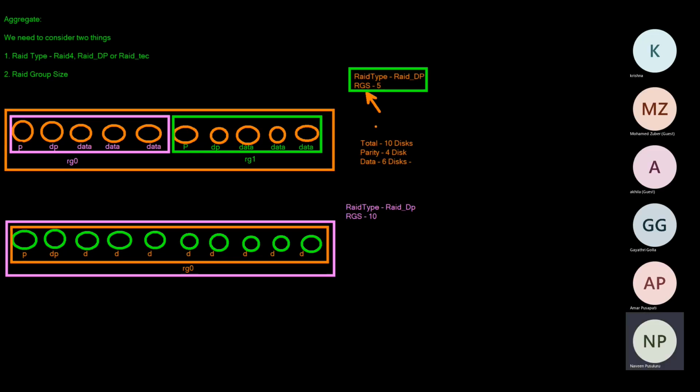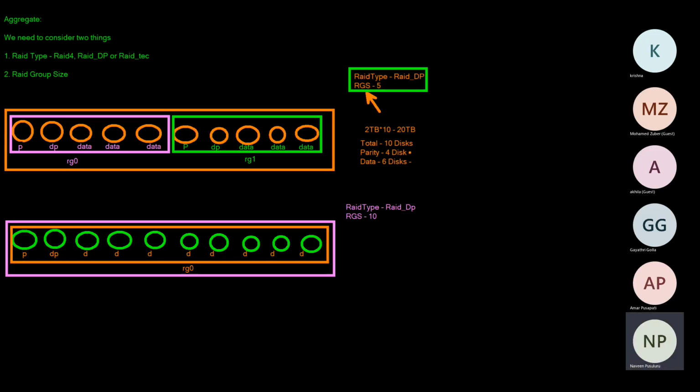So here let's assume that all these are 2 TB drives, and with 10 disks in total I should get 20 TB. It will create an aggregate with that size, but here already 8 TB is going for parity.